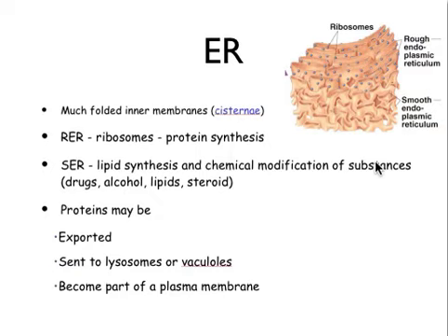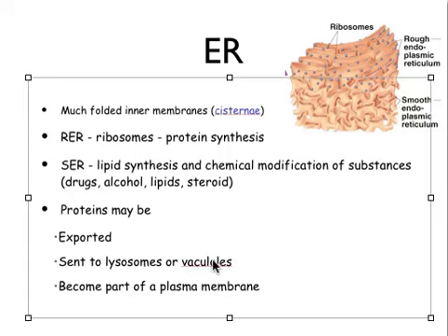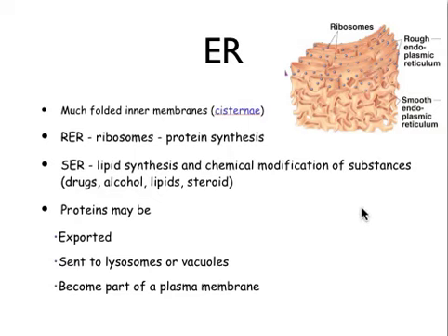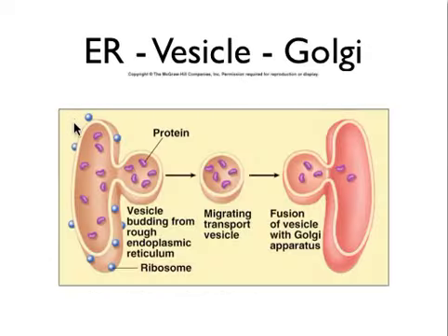Proteins may be exported, sent to lysosomes or vacuoles, or they can also become a part of the plasma membrane. Here we can see how proteins go from the endoplasmic reticulum to the Golgi apparatus. So we have here the rough endoplasmic reticulum.